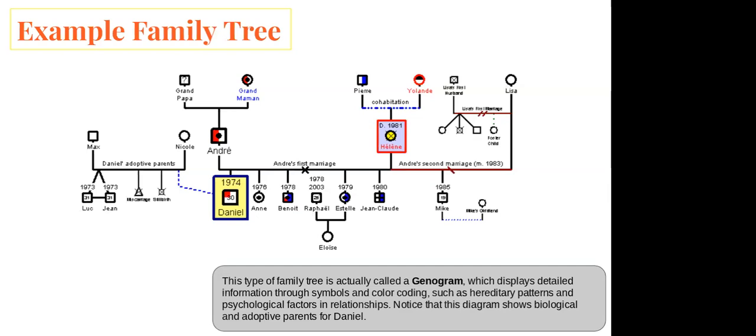So it's saying not only do we have grandma and grandpa who then have Andre, we also have these different symbols to show us that Andre and grandpa have the same traits or genes, as does Daniel down here, and so on and so forth. You can see all the different symbols map that out, right?